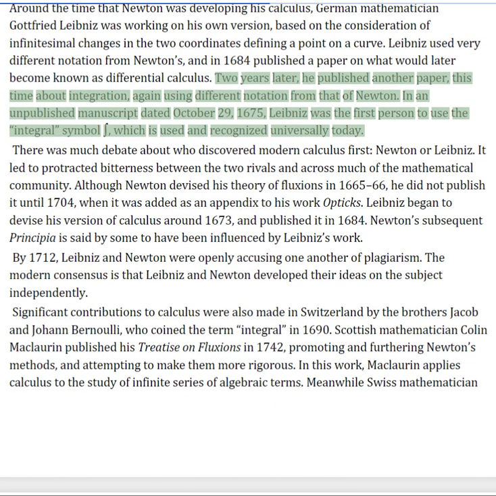Two years later, he published another paper, this time about integration, again using different notation from that of Newton in an unpublished manuscript dated October 29, 1675. Leibniz was the first person to use the integral symbol, which is used and recognized universally today.